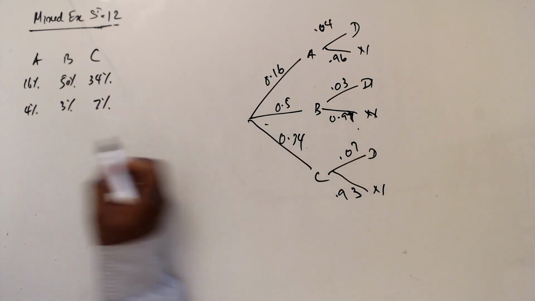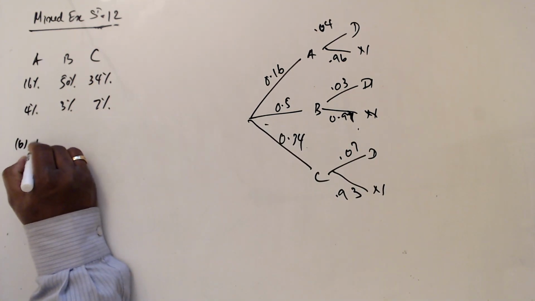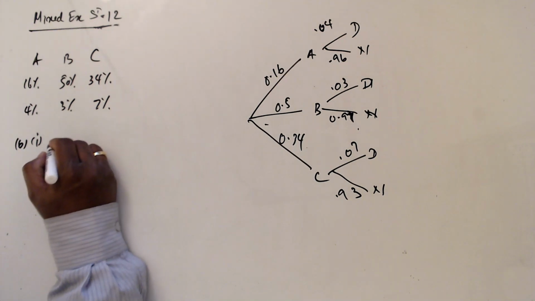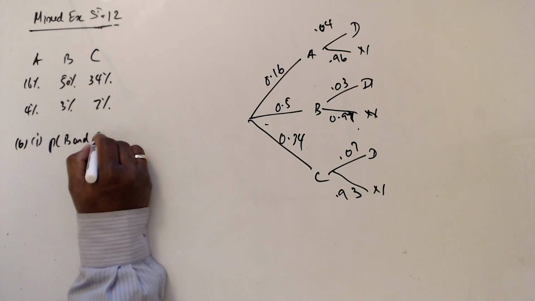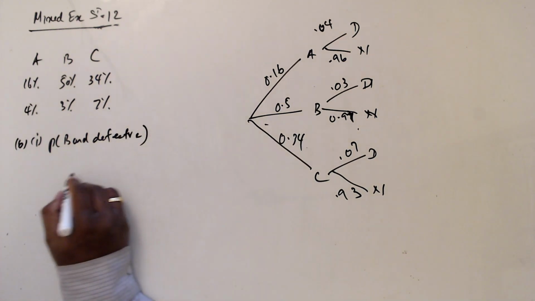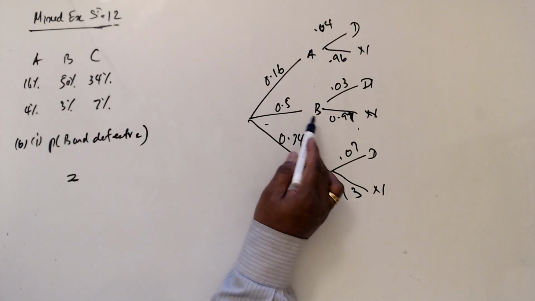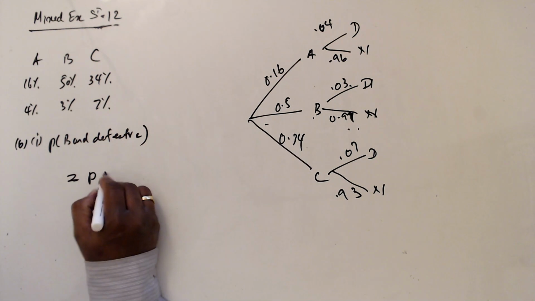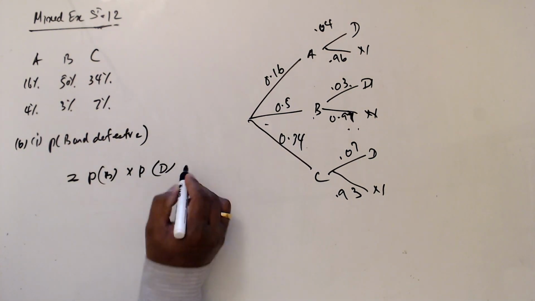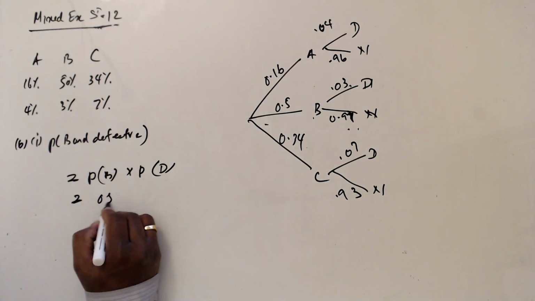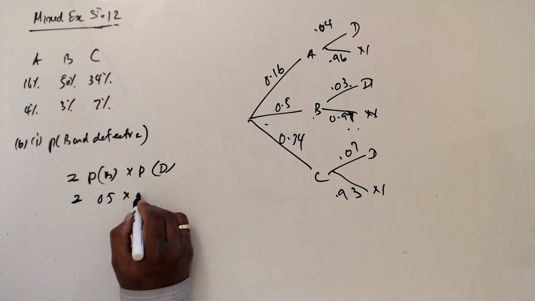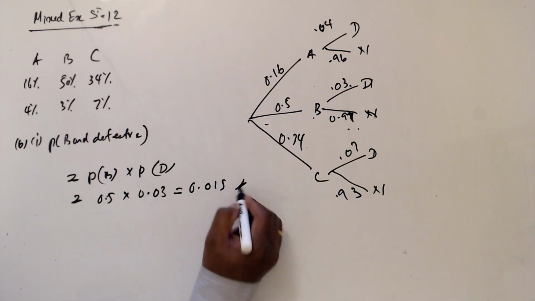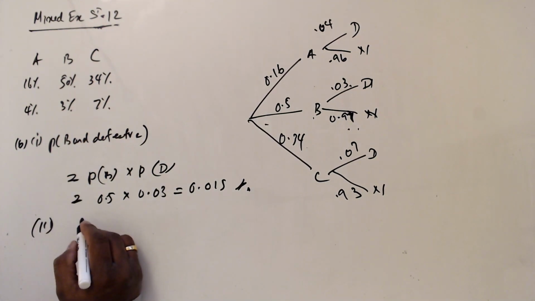So that is part 1. The probability of B and defective is the probability of B times the probability of D given B, that is 0.5 times 0.03, that is 0.015.